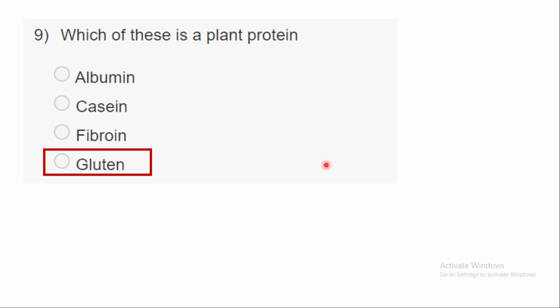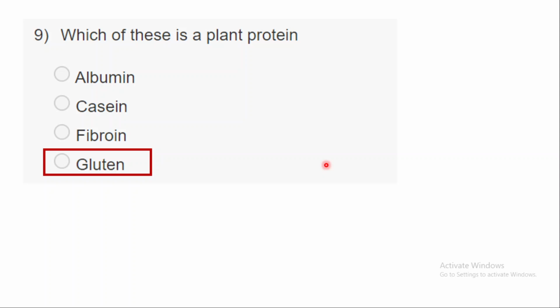Let me reveal the correct answer. The correct answer is D, gluten. Gluten is a plant protein. If you are pretty active on social media, there are many people in the West who are gluten intolerant, lactose intolerant, gluten allergic. They cannot eat wheat.